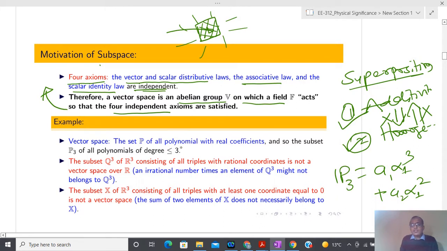But if you say strictly 3, then it is possible that it will not be satisfied, and it is possible to show some kind of counter example.